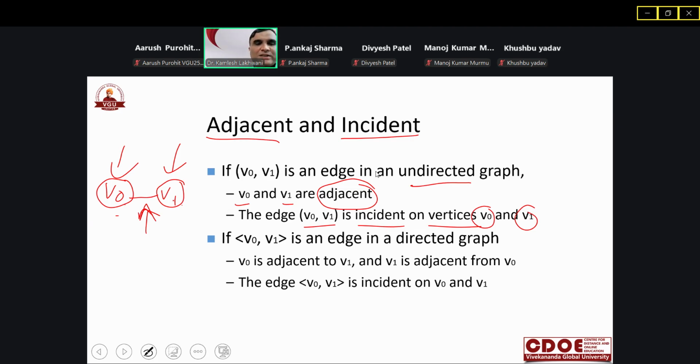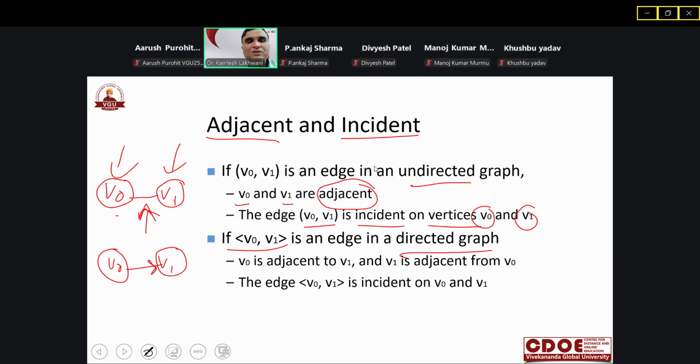Now try to understand another case, a directed graph. So V0, V1 is an edge in a directed graph. Now we are going to make it a directed graph, say V0, V1, and I'm going to draw a line between V0 to V1. Now there is a direction of this arrow, right?